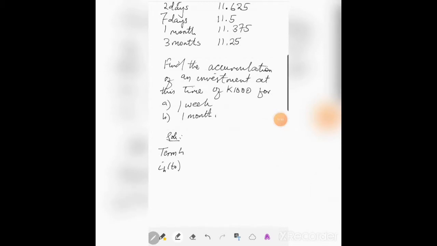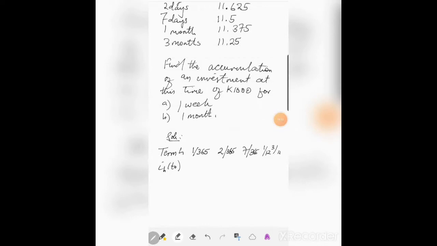For 1 day, in a year, you divide by 365, so 1 over 365. For 2 days it is 2 over 365, and for 7 days it is 7 over 365. For 1 month it is 1 over 12, since 12 months is 1 year, and for 3 months it is 3 over 12.